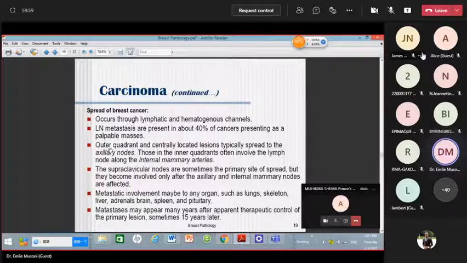Tumors in the outer quadrant and central region typically spread to the axillary lymph nodes, while those in the inner quadrant often involve the lymph nodes along the internal mammary artery. There are also some clavicular nodes. Metastasis may also involve other organs such as lung, skeleton, liver, brain, spleen, and pituitary.